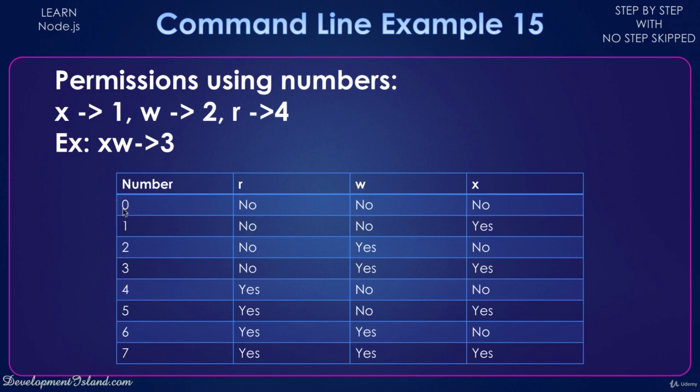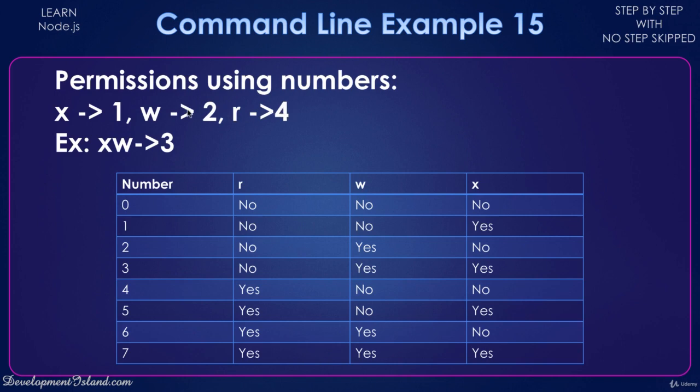For example, 0 means that we don't have any permission. 4 means that we have the read permission, but we don't have the write or execute permissions. So the way it works is that each permission has got a corresponding number. So execute corresponds to 1, write is 2, and read is 4.